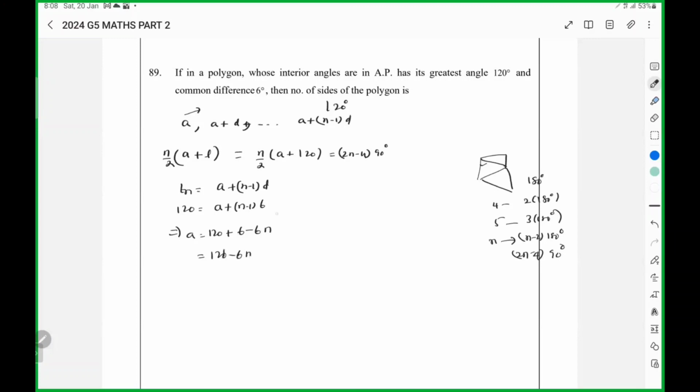By using this, substitute here. Here it is 180n minus 360. 3n square, 180n.